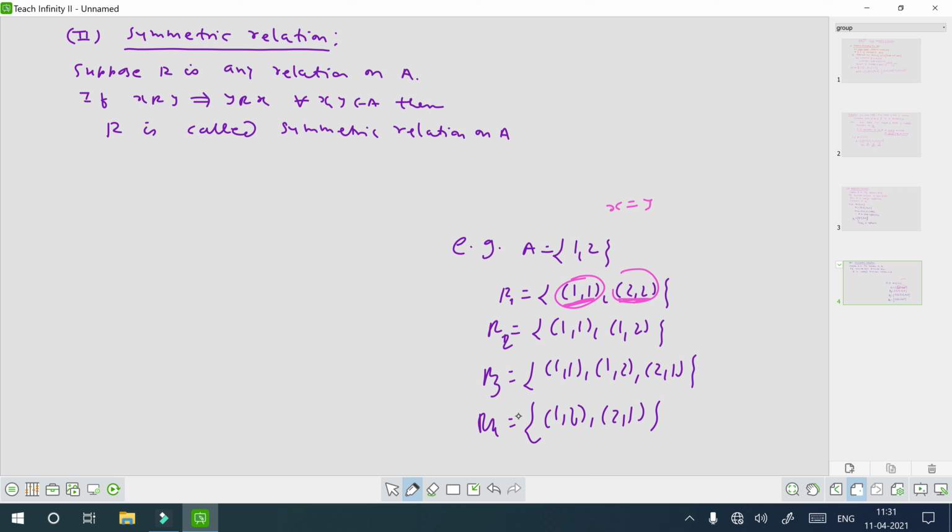So this condition is fulfilled directly, and this relation is a symmetric relation.